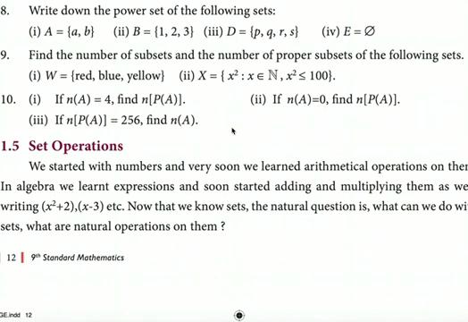Okay, x equal to x square, where x square is less than or equal to 100, up to 10. Then 1, 4, 9, 4 square 16, 5 square 25, 6 square 36, 7 square 49, 8 square 64, 9 square 81, 10 square 100, up to 100. So total 10 elements.